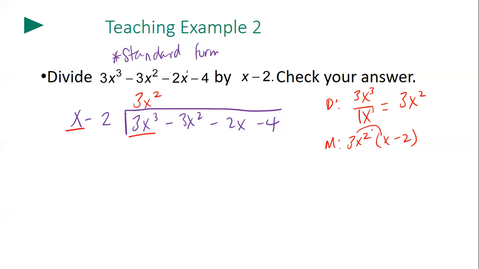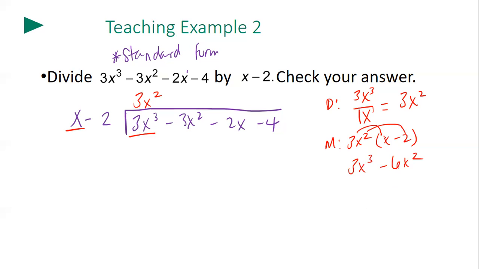So we're gonna distribute, and that gives me 3x cubed minus 6x squared. We multiply.